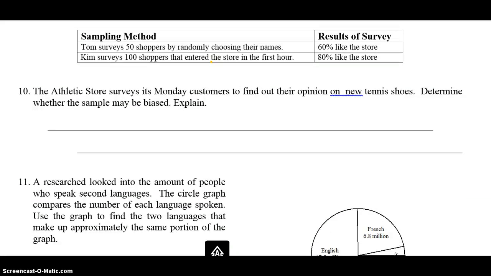Number 10, the athletic store surveys its Monday customers to find out their opinion on new tennis shoes. Determine whether the sample may be biased. I'm going to say yes, this is biased, because if you like tennis shoes, you're at an athletic store. You're more likely to like athletic shoes if you go to an athletic store, if that makes sense.